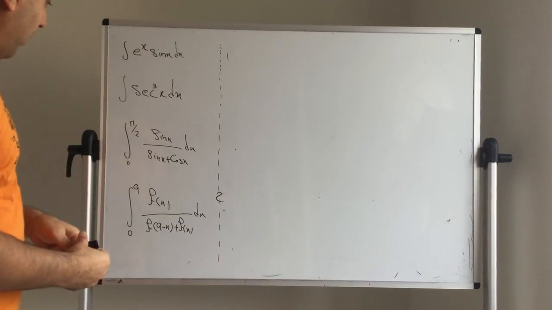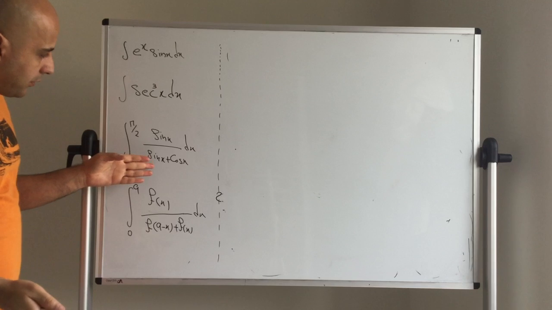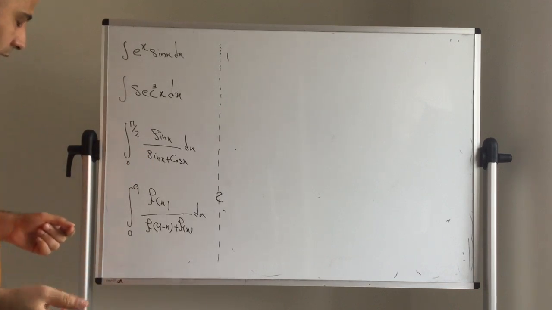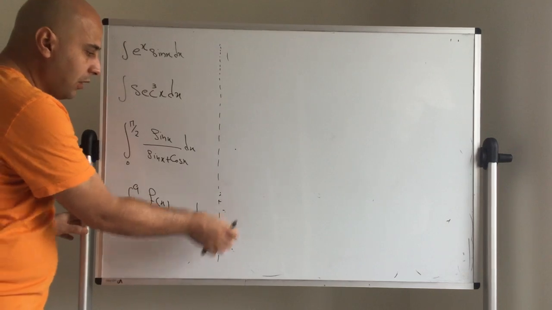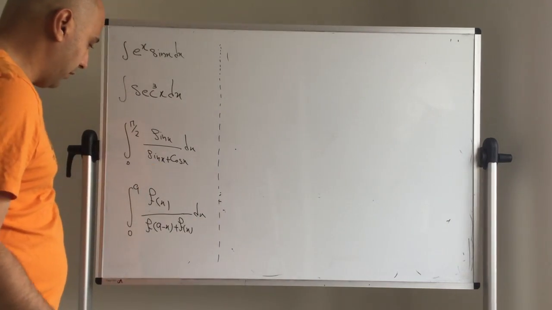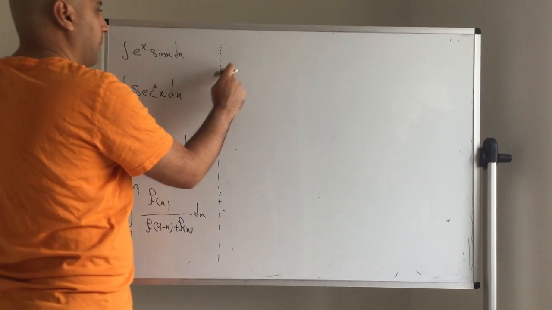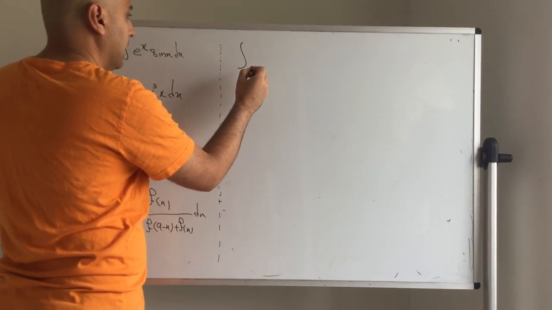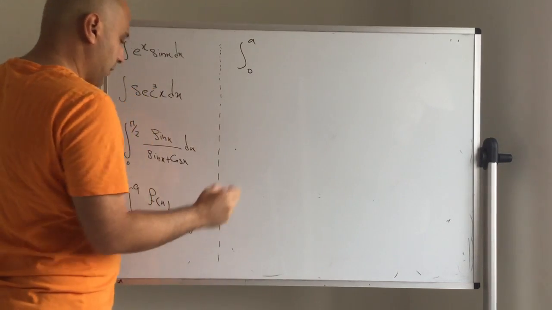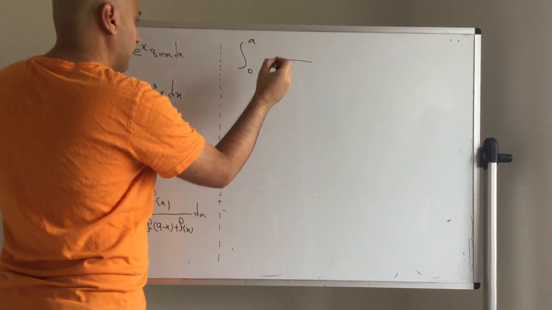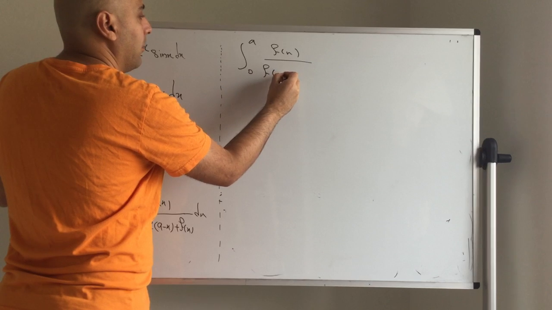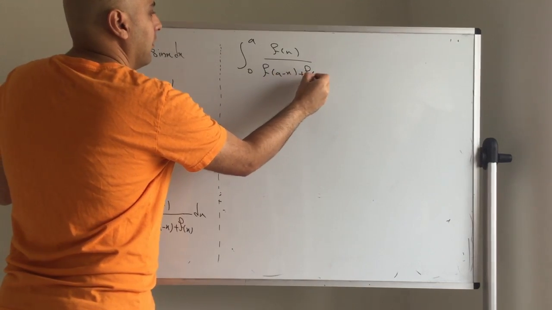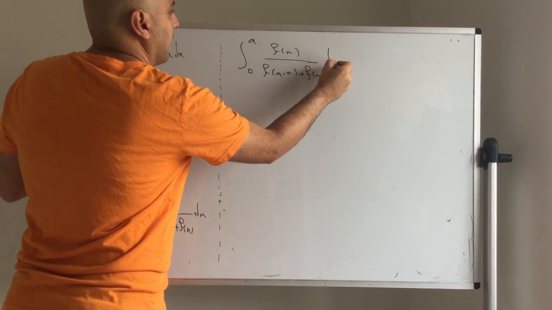Okay. The next example is the extension of the previous example. It's a general form of this example. So let's solve it. The integral from 0 to a of f(x) over f(a minus x) plus f(x) dx.